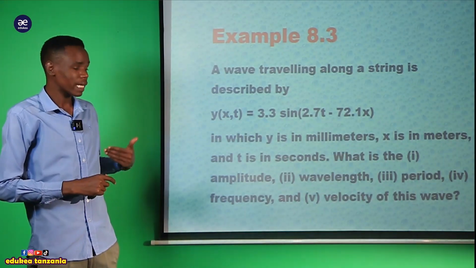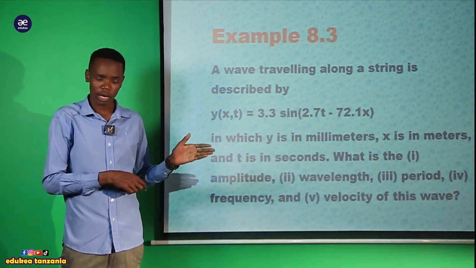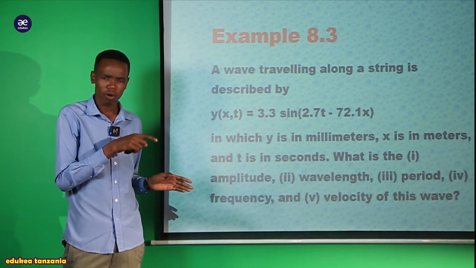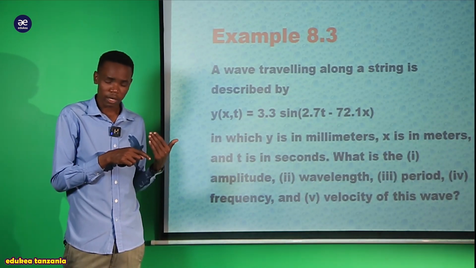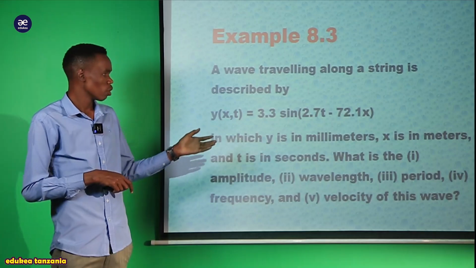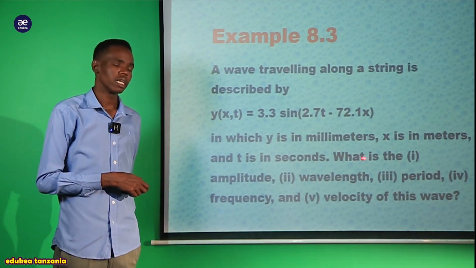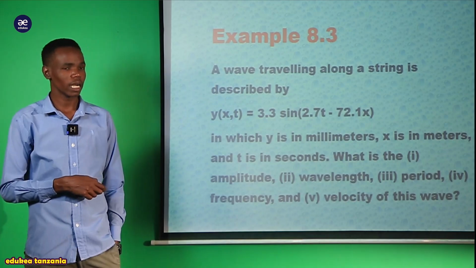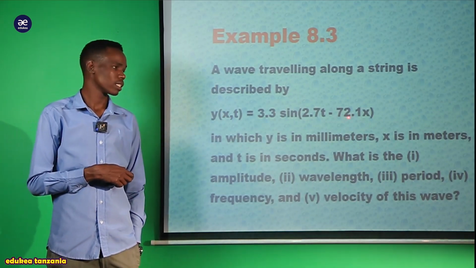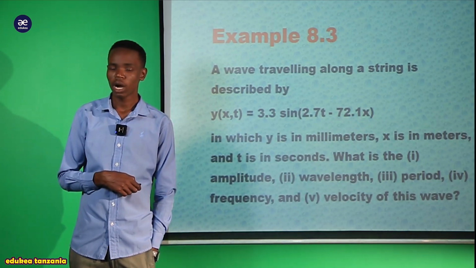The wave is described by y at the coordinate point x, t, which is equal to 3.3 sine bracket 2.7 t minus 72.1 x.